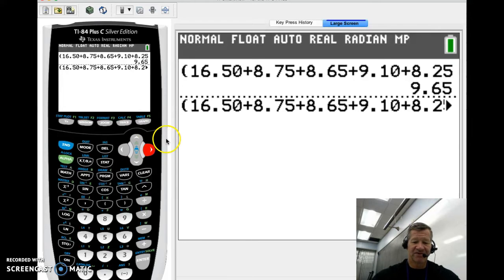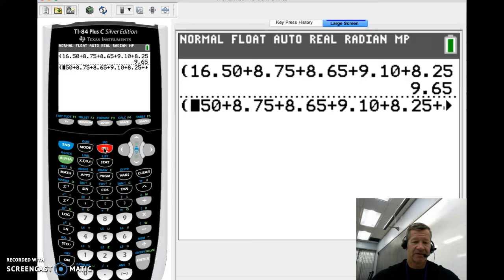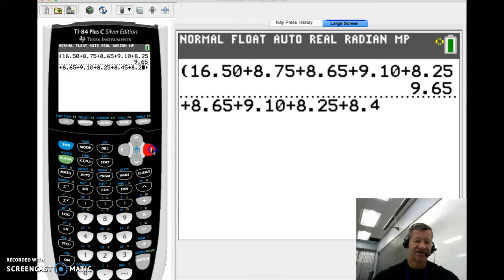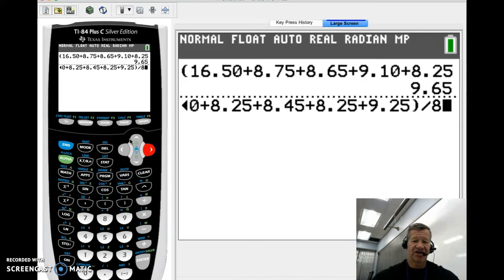To delete it, I'm just going to keep hitting my delete key here. The 1's gone, the 6 is gone, the decimal, the 5, the 0, and the plus. So now I've just got all the other values. And now the other thing I have to change is I'm no longer adding 8 values, I'm only adding 7 of them. So I'm going to change this 8 to a 7 and hit enter.